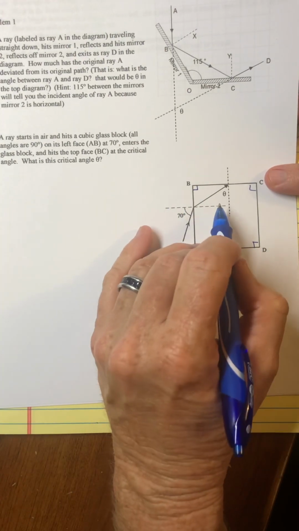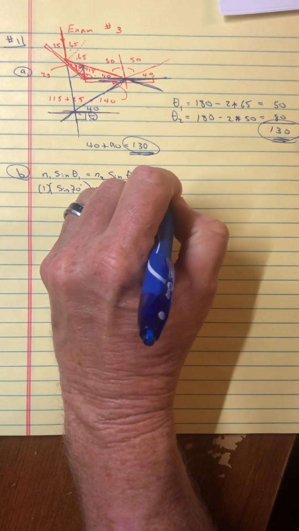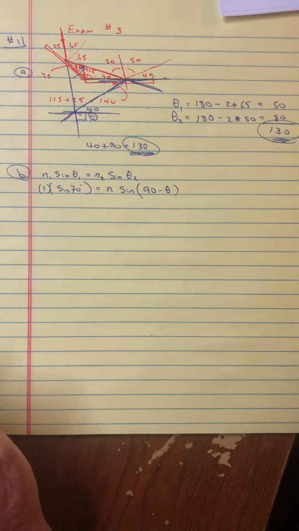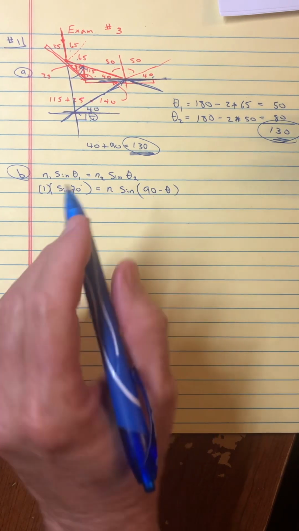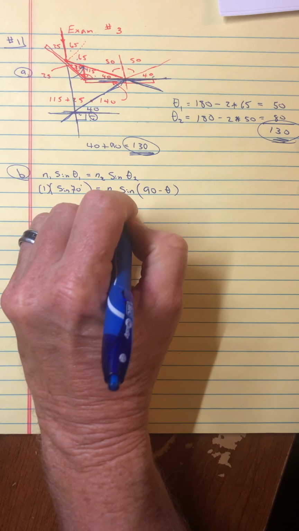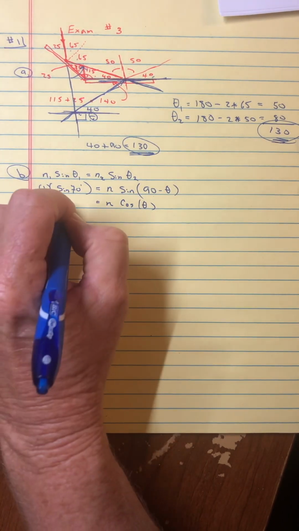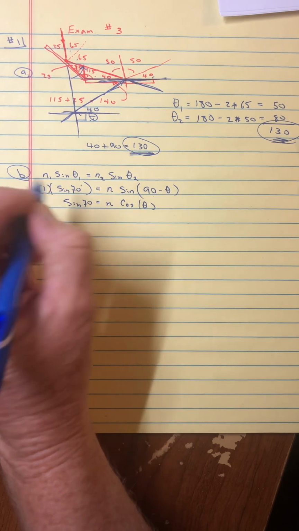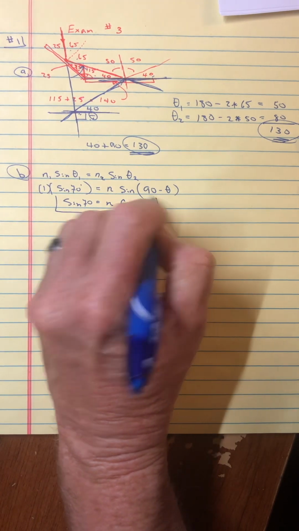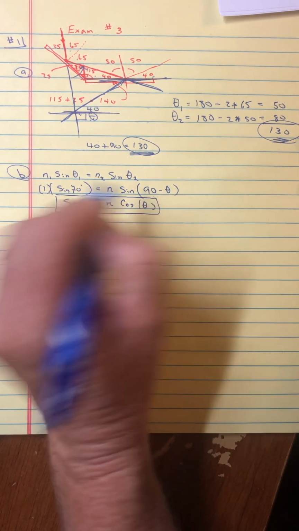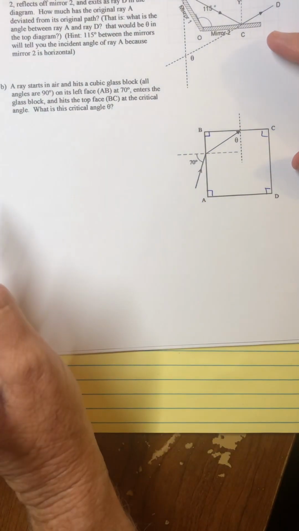All right, so maybe I'll just write this angle here as 90 minus theta. And I like that because 90 is a complementary angle, so I can write this as n cosine theta. And so this is the equation I get from the first step, where the light enters the glass block.